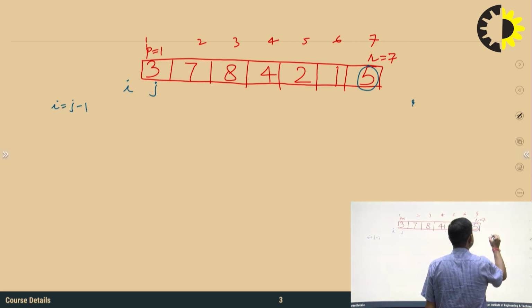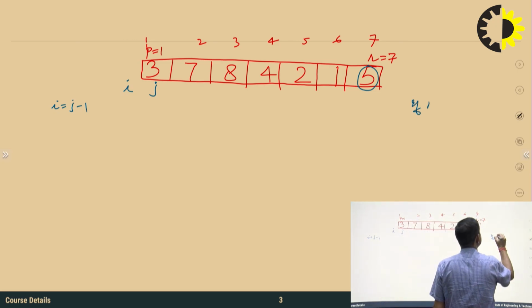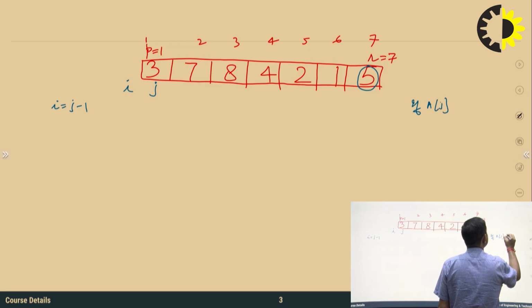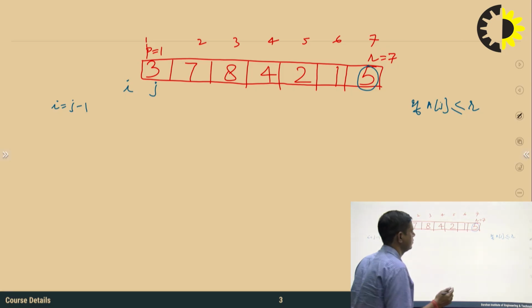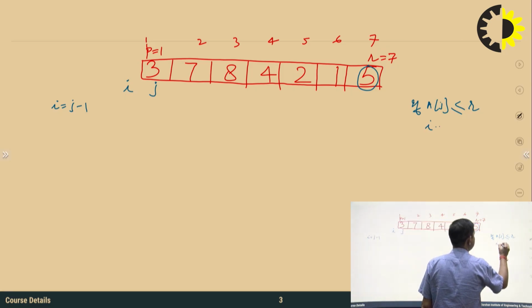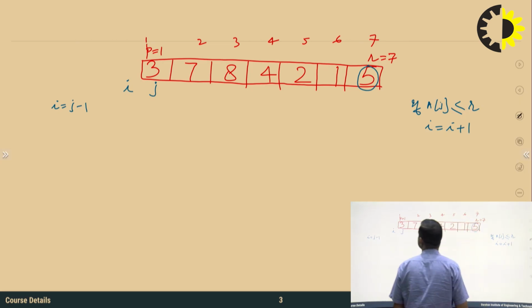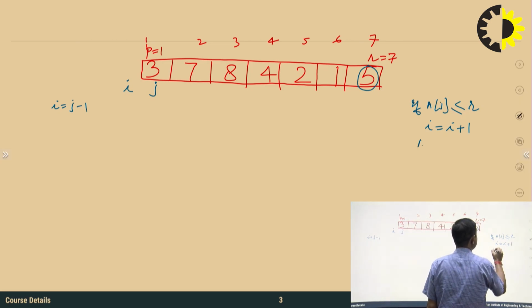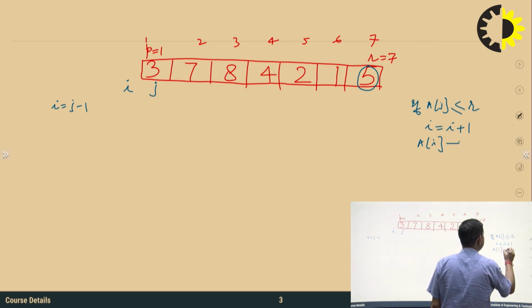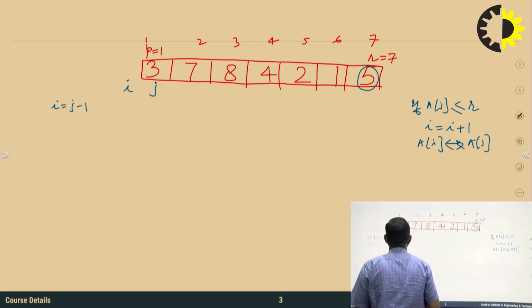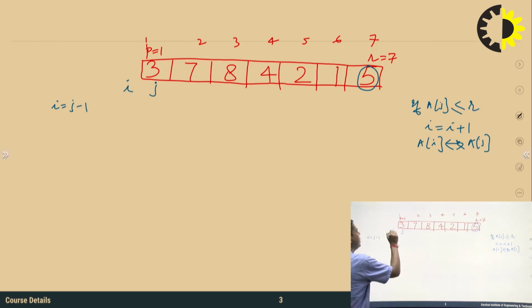You can write it down like this: if A of j is less than or equal to the pivot element, then we have to set i equal to i plus 1, and we have to exchange the value of A[i] with A[j]. In the first case, 3 is less than 5, so I will increase i by 1 and I will exchange the values of i and j.